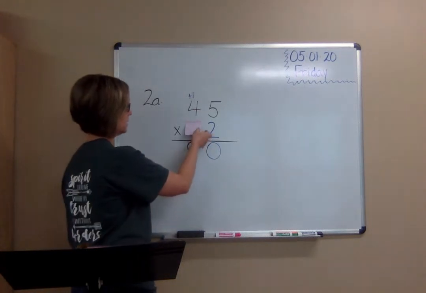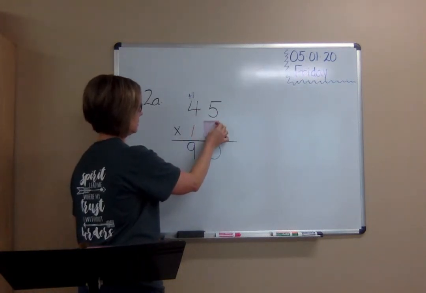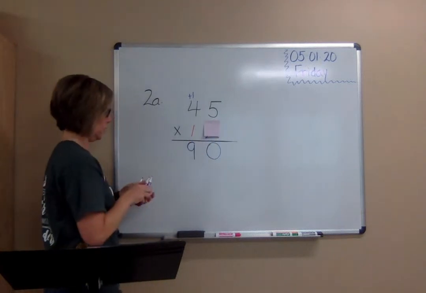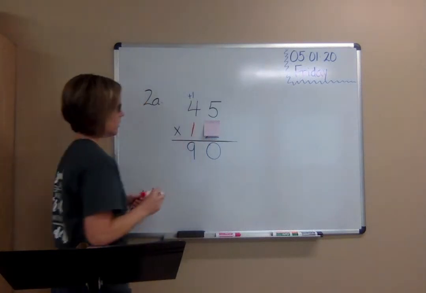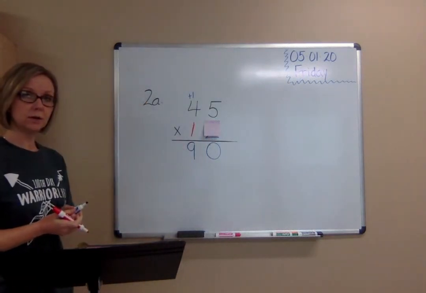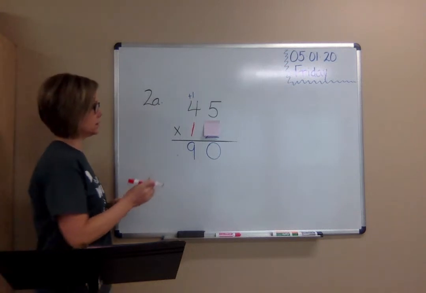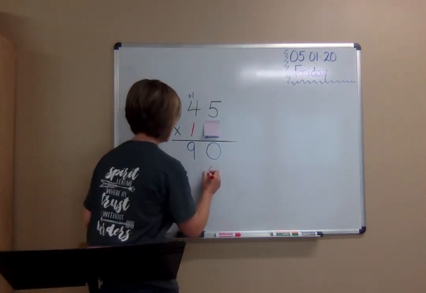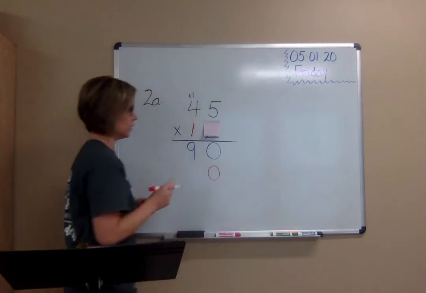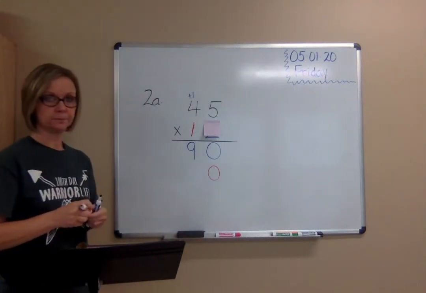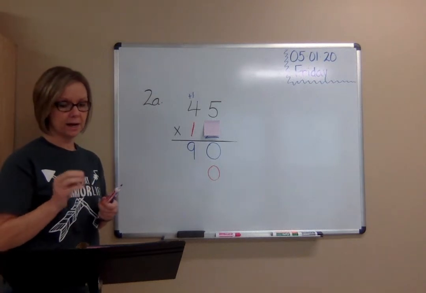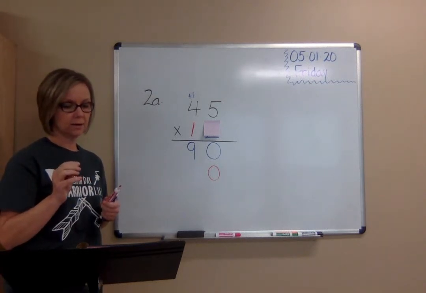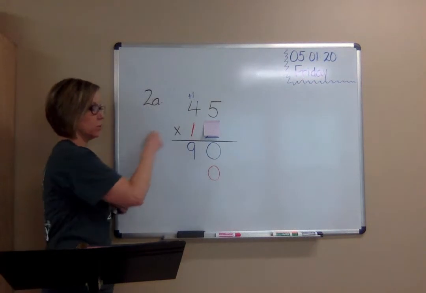Okay, so now let's slip over to the tens column. My 1 has been taken away a little bit there. Let me redraw that. All right. First thing I'm going to need to do, though, is put my Hero 0 placeholder there. Okay? Because if you think about it, I'm not really saying 45 times 1 here.